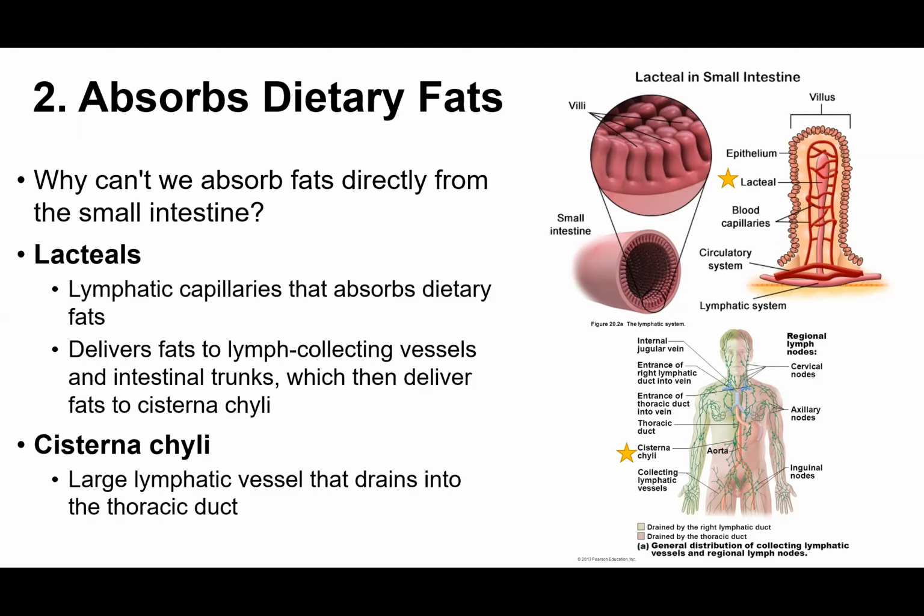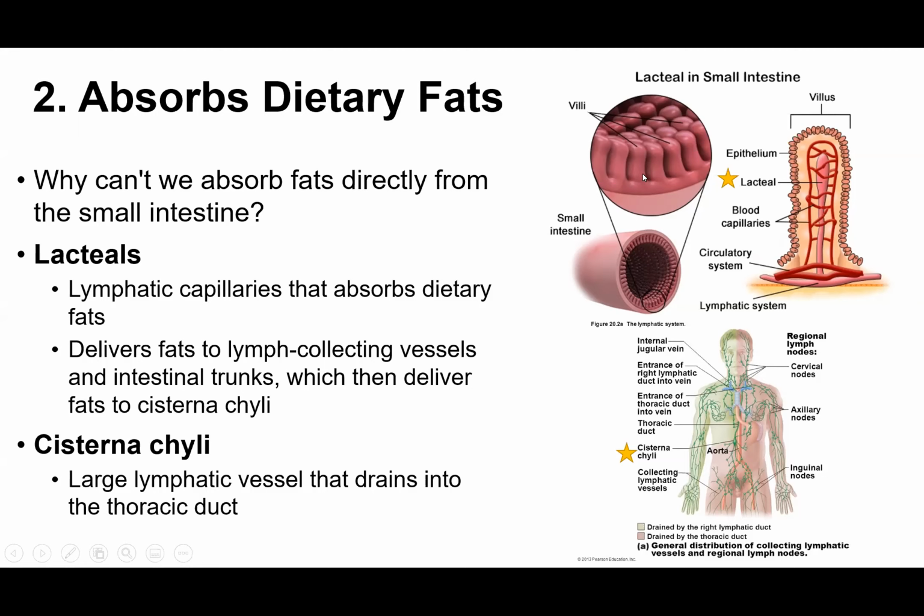So instead, if we took a little sliver of the small intestine, so this is inside of the small intestine, we kind of cut a piece of the small intestine and now we're looking inside of it, we would see sort of this structure. And if we zoom in on the structure, we're going to find these little villi, and villi are great because they increase the surface area that's available for us to absorb things.